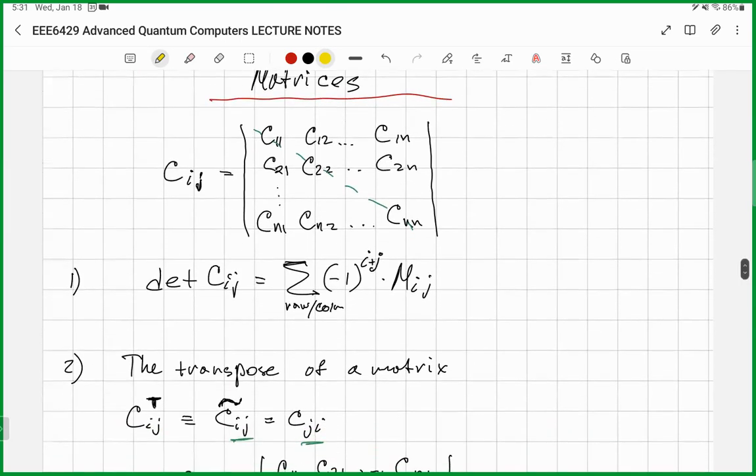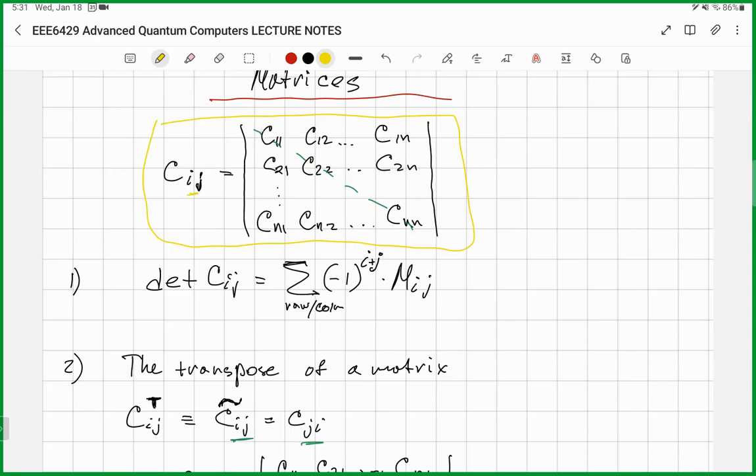So a matrix is a combination like this, right? This is a mathematical object. We denote the components of a matrix by these indices i, j, and the i corresponds to the row of a matrix.